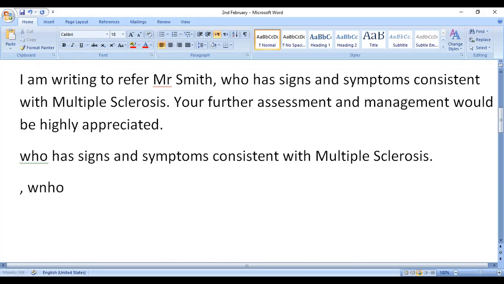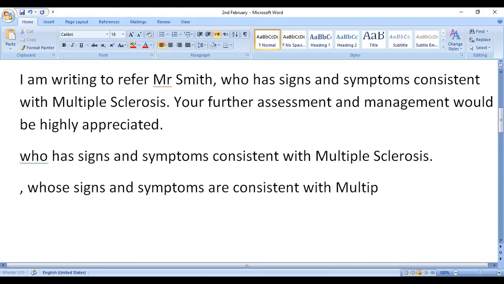The other is whose signs and symptoms are consistent with multiple sclerosis. Okay, these are two ways.